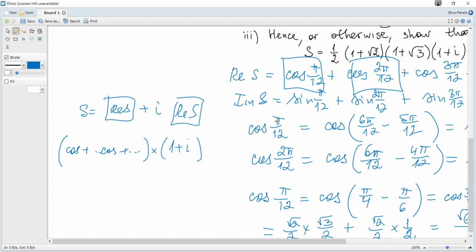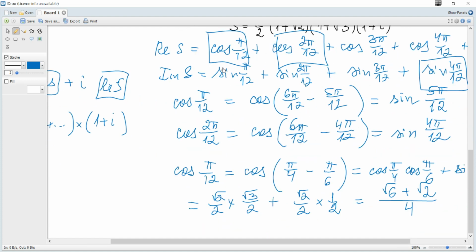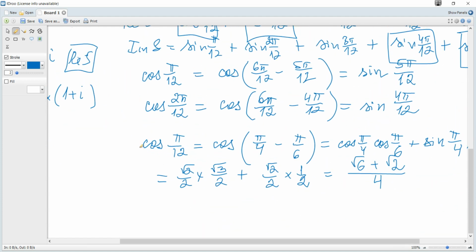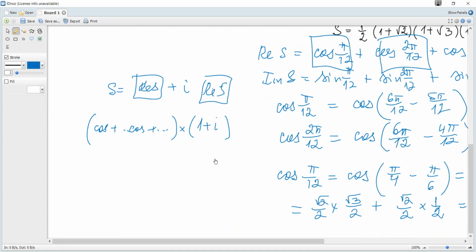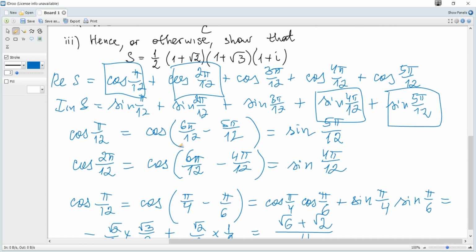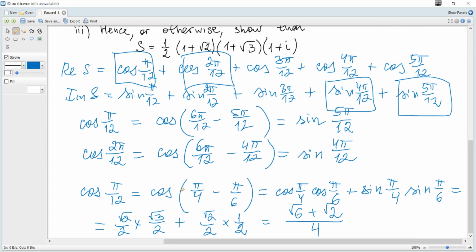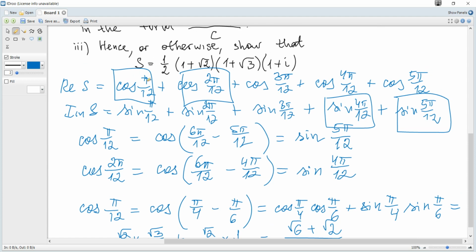It may be the sum of sines instead, it doesn't matter, because the sum of cosines is equal to the sum of sines, but since we have found cosine, let's use cosines. So we need to find the sum of cosines, and cosine of pi over 12 is found.